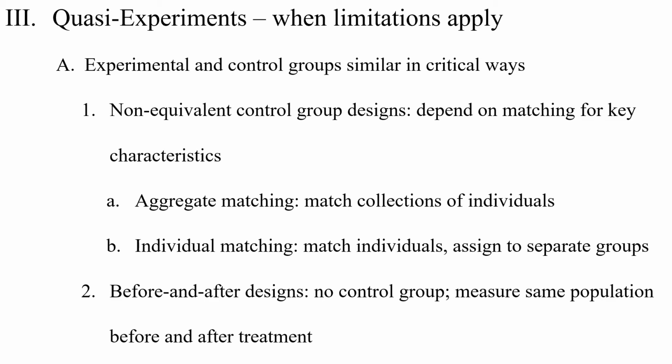So if you were to run a big experiment across a city, say Chicago, you look at the hospitals and you match the hospitals, not the individuals. So this hospital, that hospital, they have pretty similar types of patients. This hospital, oh, they have different kinds and you match them. That would be aggregate matching.